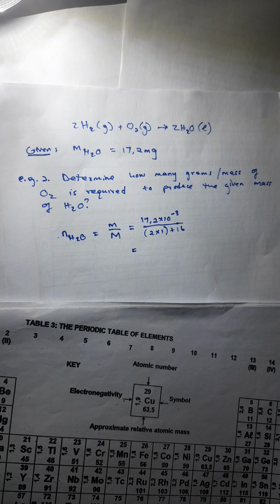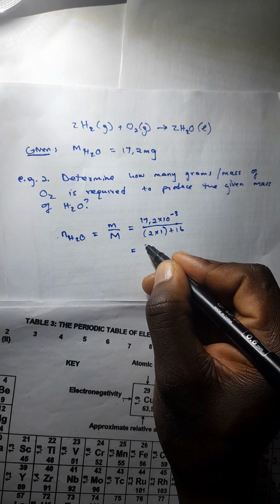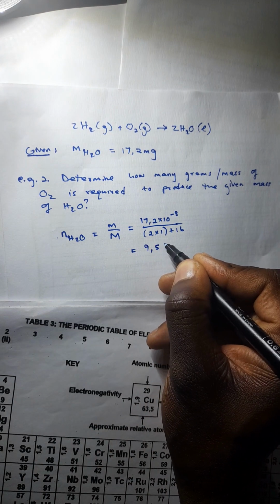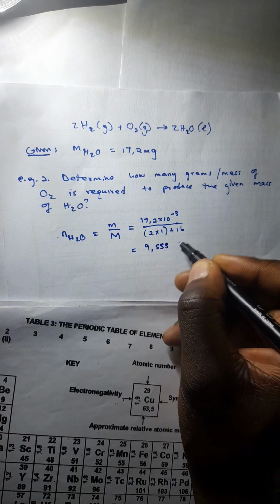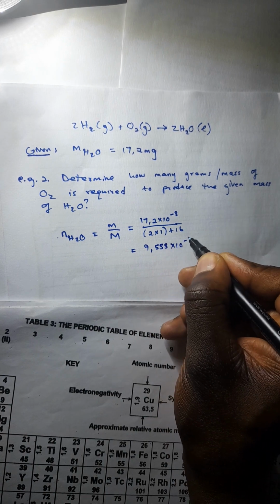So you are going to have 17.2 divided by 1,000, and then you are going to divide that by 18. Your answer should be 9.5, let me write this, times 10 minus 4 for now.